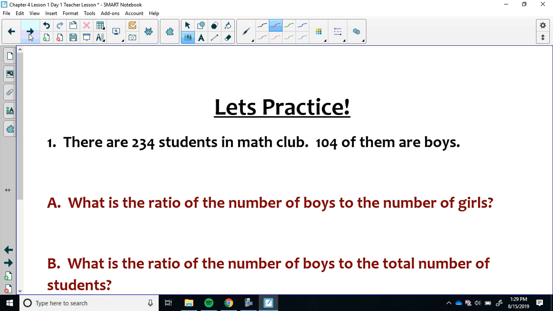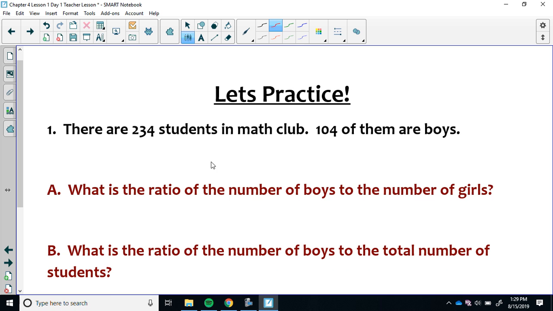Practice problems. There are 234 students in the math club. 104 of them are boys. What is the ratio of number of boys, once again, find the word "to," to the number of girls? Well, we know how many boys there are, 104. Number of girls, well, does it tell us the number of girls in the problem?